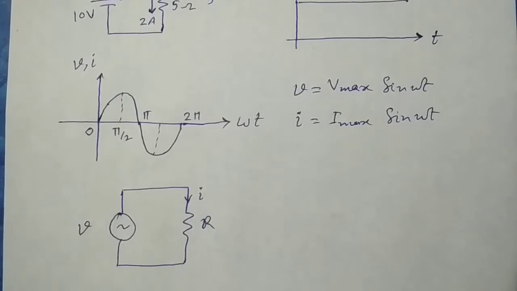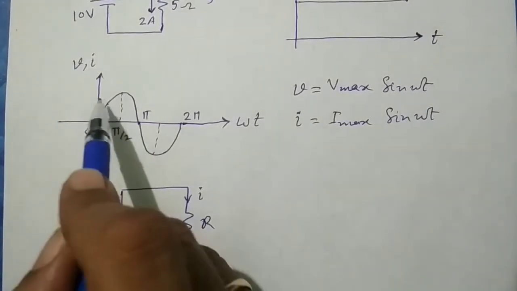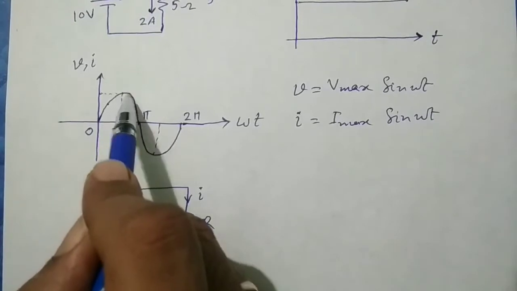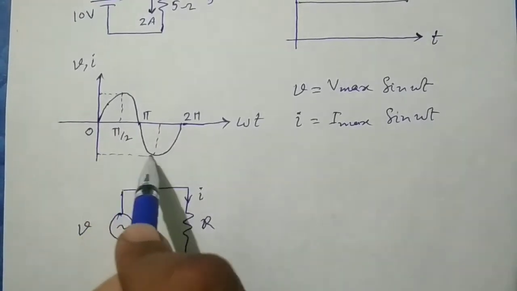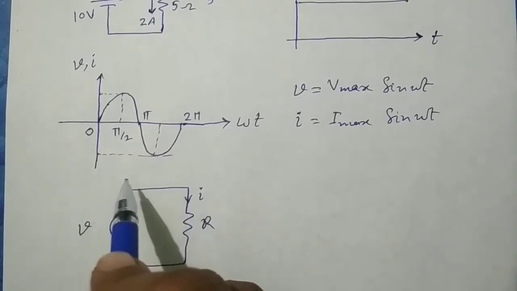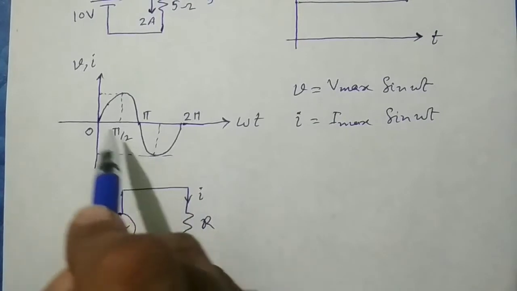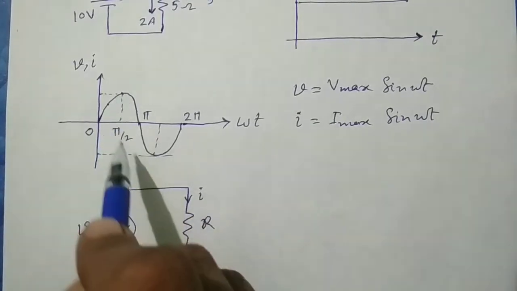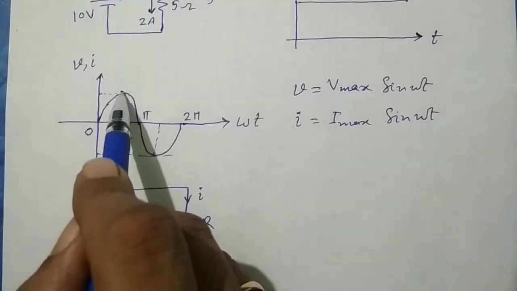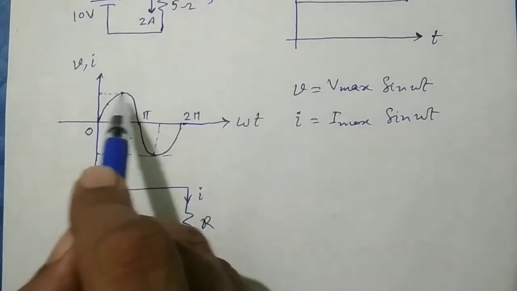Let's say we consider the maximum voltage or maximum current, but from the waveform we can see that the maximum value occurs only twice for a complete cycle. One is on the positive side, another is on the negative side. So it is not a continuous value.